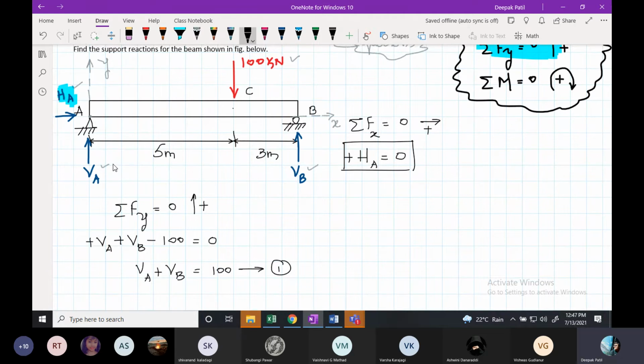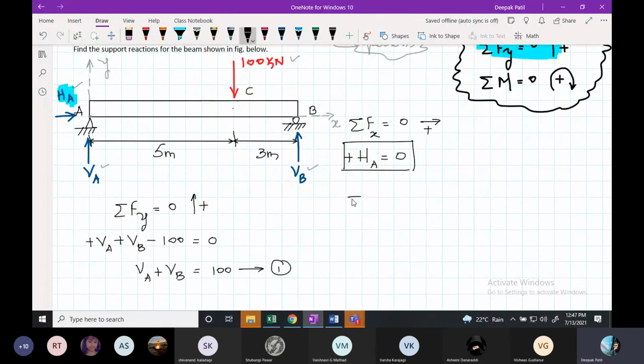Listen carefully, students. You can either apply moment at A equal to 0 or moment at B equal to 0, not at any other points. I mean to say moment at C equal to 0 you cannot apply. You can take the moment of all these forces at point A, or at point B. Only 2 points, no other point.